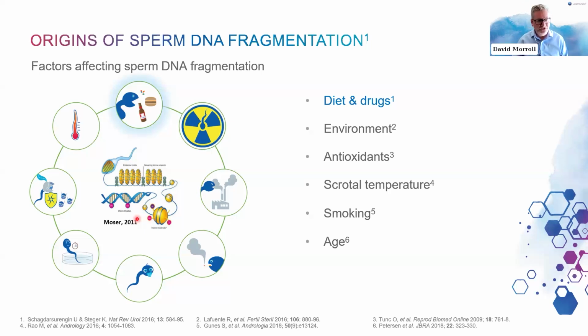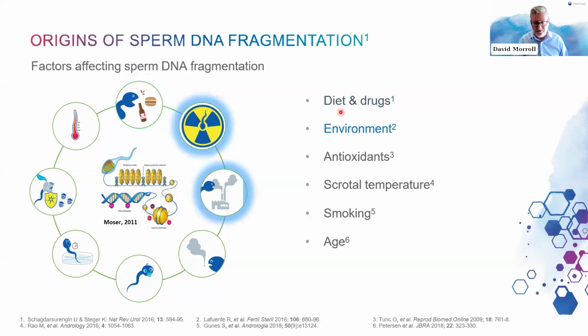So we know, for example, that sperm production and the levels of DNA fragmentation is sensitive to what we ingest, whether that's the types of food, whether it's alcohol, whether it's prescribed drugs or recreational drugs even, and linked to that, weight, obesity and body mass index all have an impact on sperm DNA fragmentation. So what we do as men, what we eat, what we ingest is potentially important.